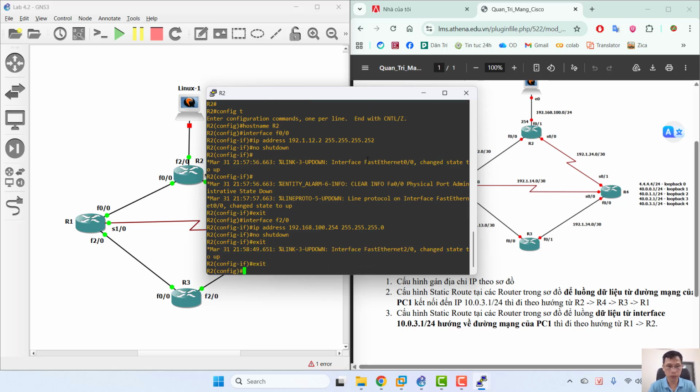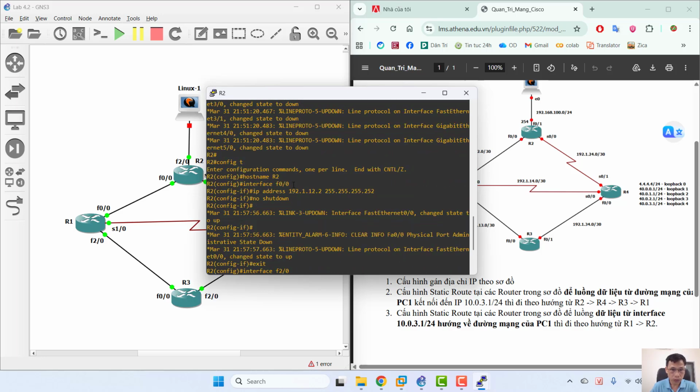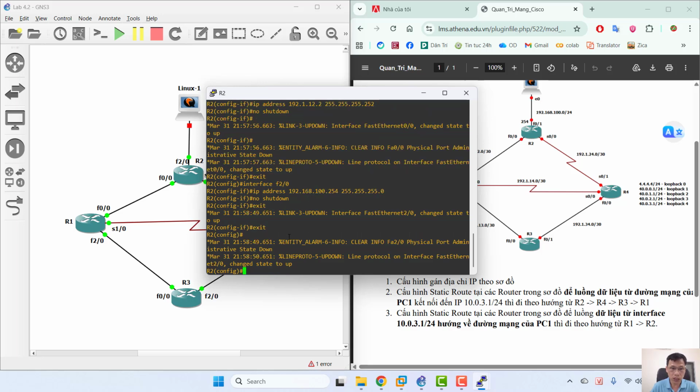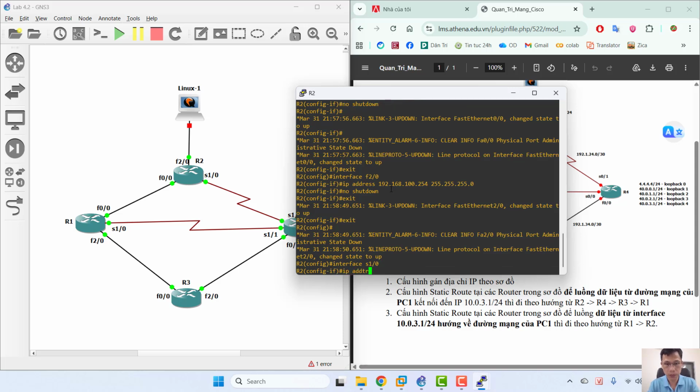Okay, access and go to the config, interface 1/0, IP address 1.24.1, 255.255.255.252.